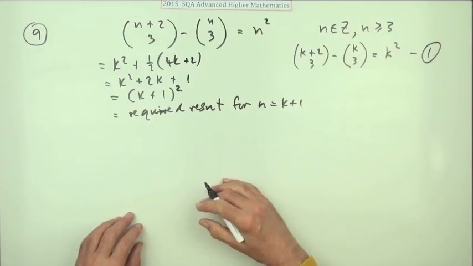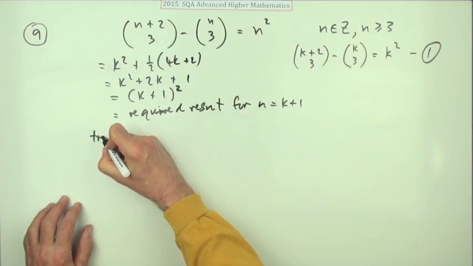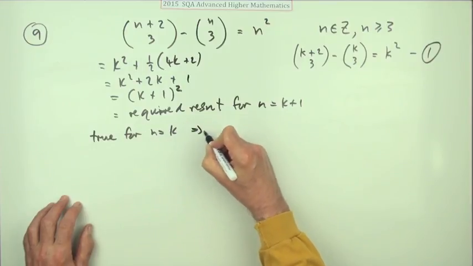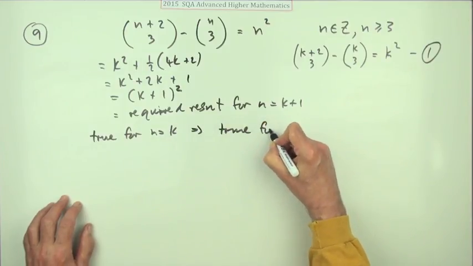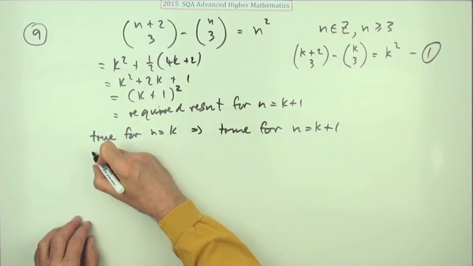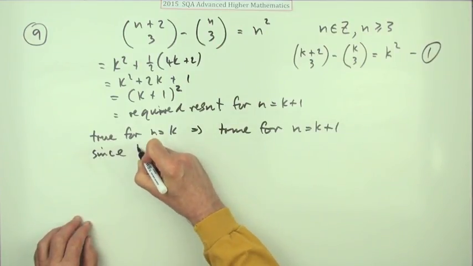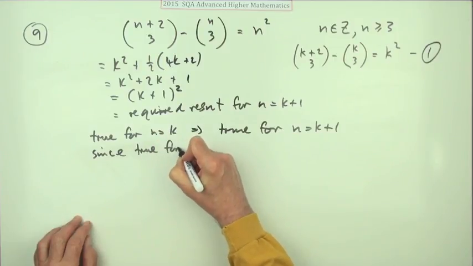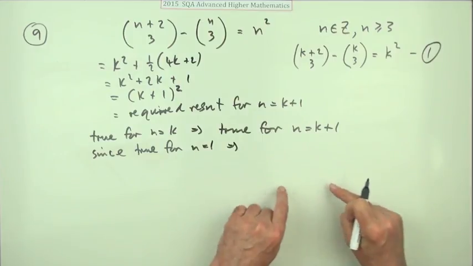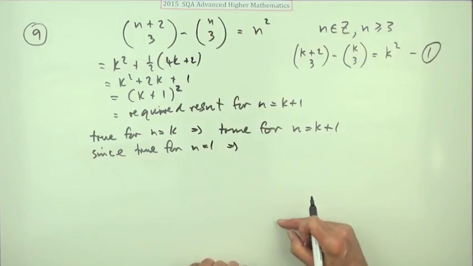So what have you just proved? You've proved that true for n equals k meant it was true for n equals k plus 1. And since it's true for n equals 1, that means by that stepping stone principle, if it's true for one, it's true for the next.